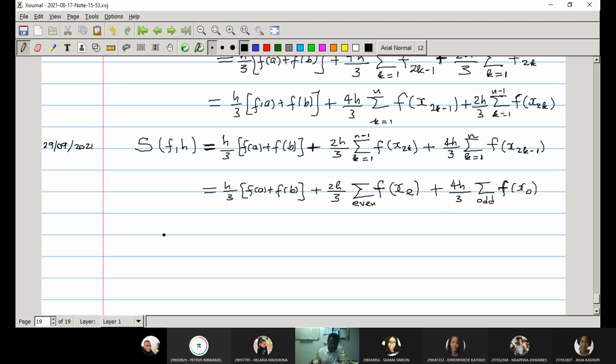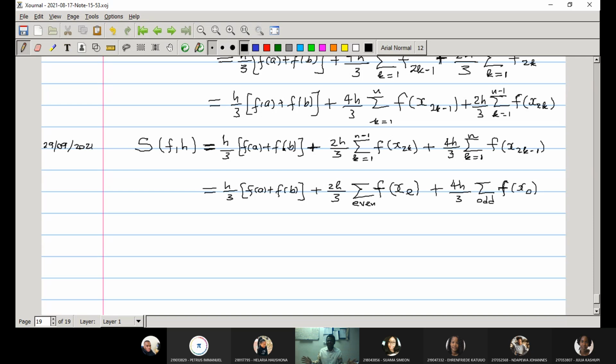Because you just look at your subdivision, the partition, the points in the partition, and you group them. You take the 0 and the 2n, that is the first and the last point, group them here, and then the remaining you group into odd and even, and you just sum over those.